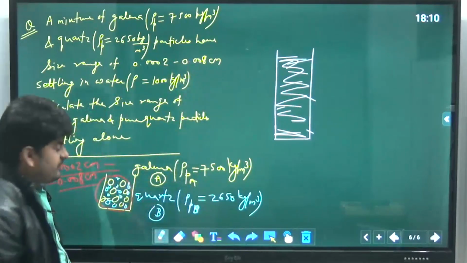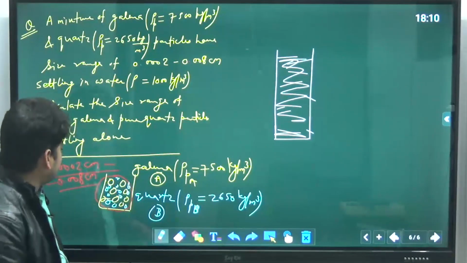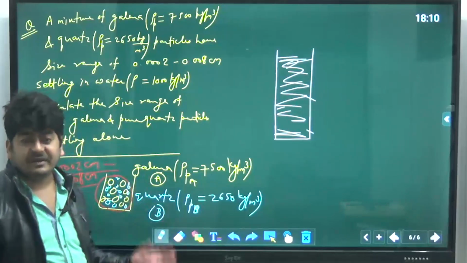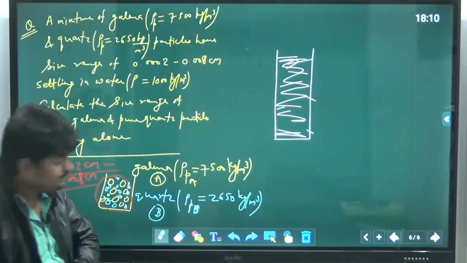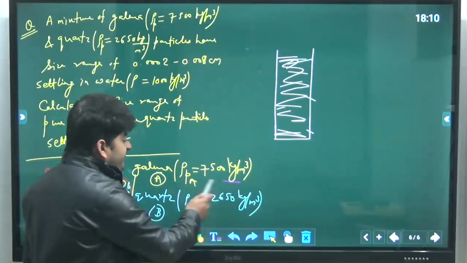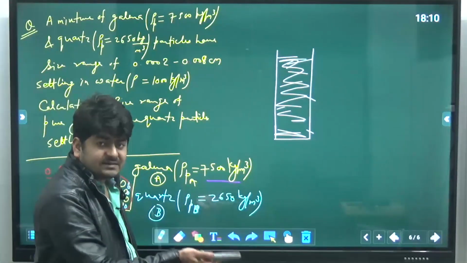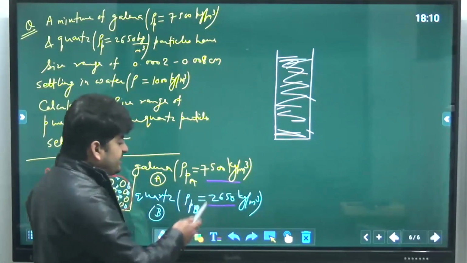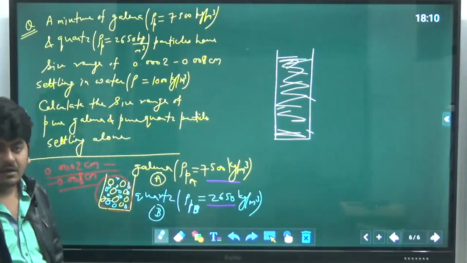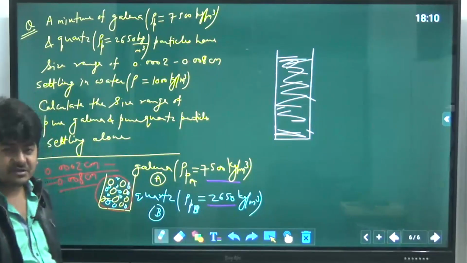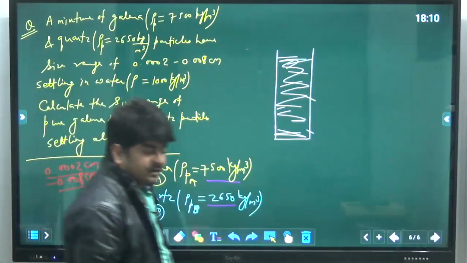Okay, so we will not go into those much details. So suppose if all particles have same diameter, what will happen? Heavy gravity particles will have higher settling velocity as compared to lighter gravity particles. So galena particles will settle faster as compared to quartz particles.